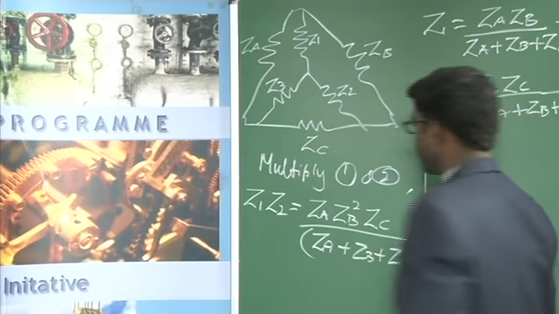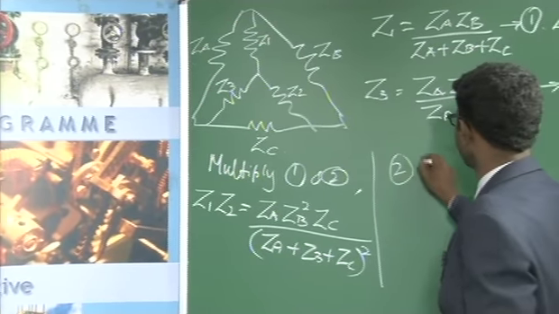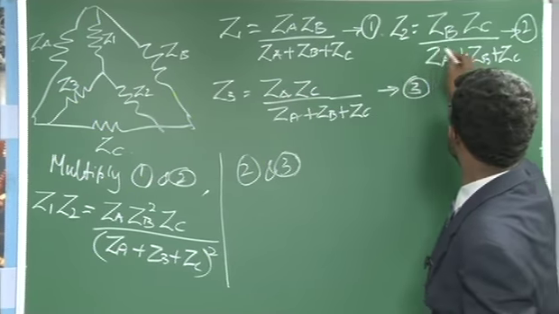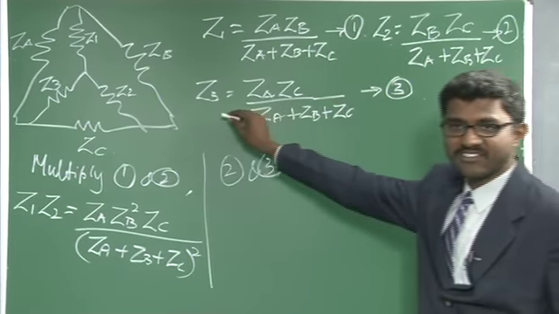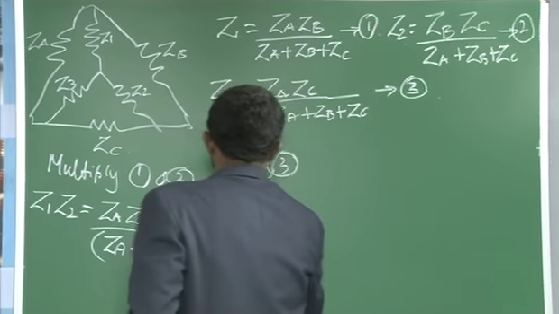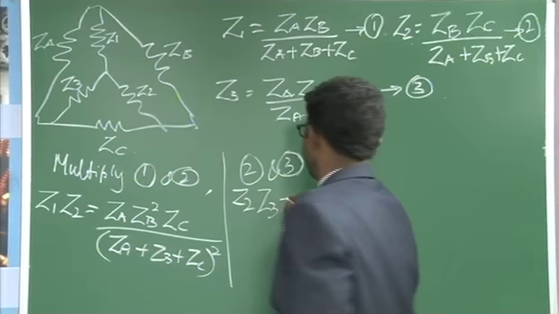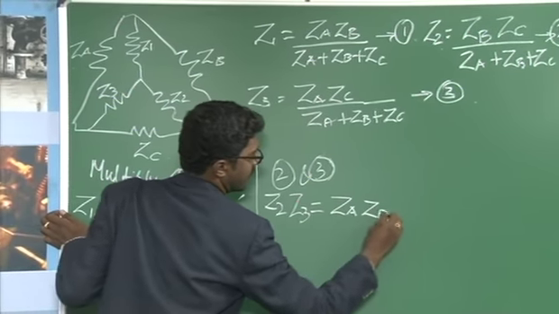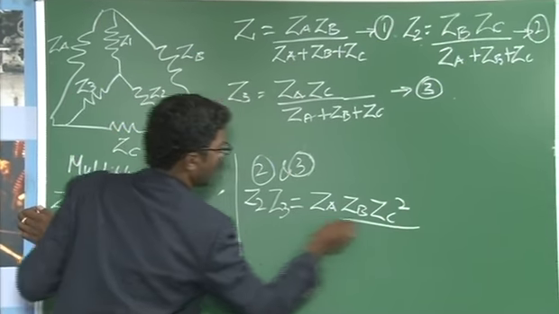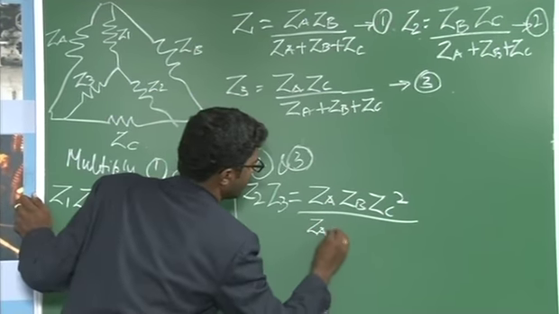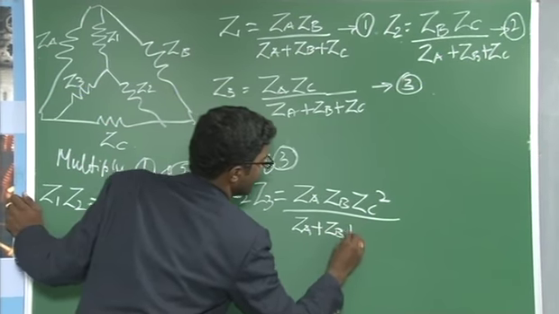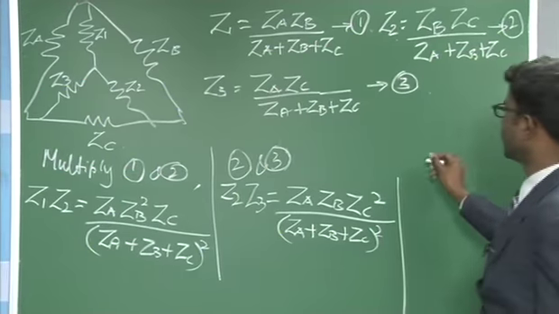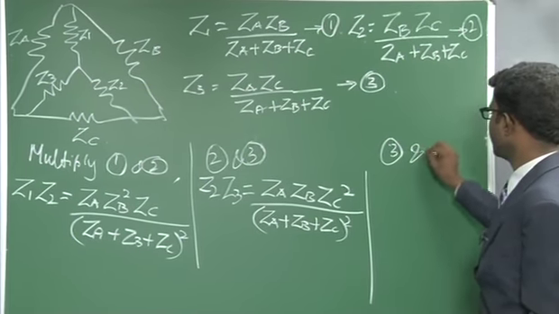Similarly, you multiply equation 2 and 3. Equation 2 is Z2 and equation 3 is Z3, so Z2 into Z3 will be equal to ZA ZB into ZC square whole divided by ZA plus ZB plus ZC whole square. Similarly, you multiply equation 3 and 1.